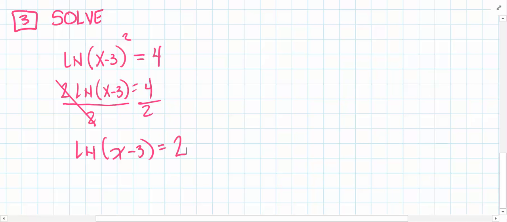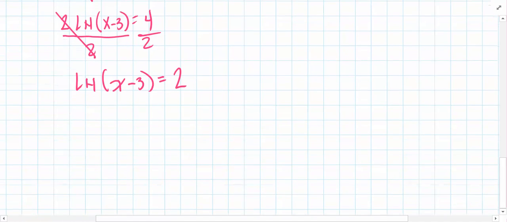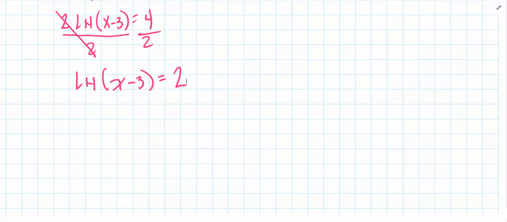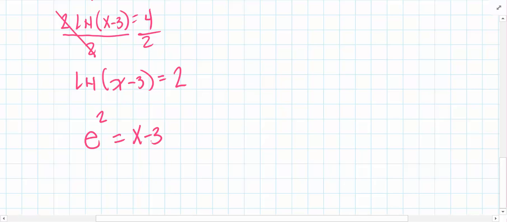You can say e to the 2. This is going to be e squared equals x minus 3. Whoa. Therefore, e squared plus 3 is equal to x. So x is approximately 10.39.